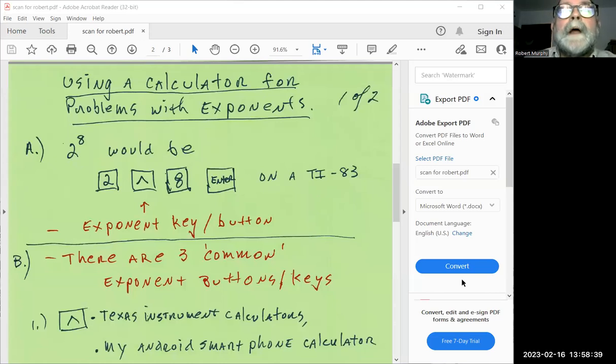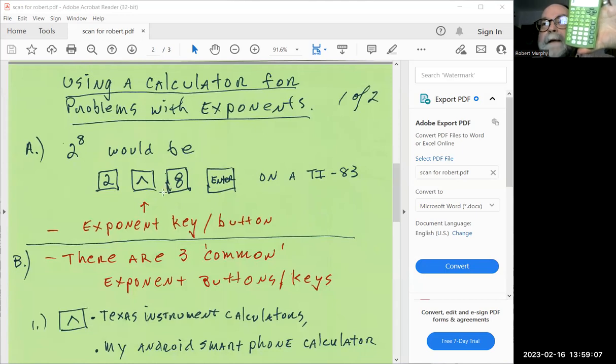All right. Using a calculator for problems with exponents. In the exponent review, I used an example of 2 to the 8th power. Here's my little graphic. See the square? That's the button. How to push the buttons the right way: 2, then the caret, then the 8.